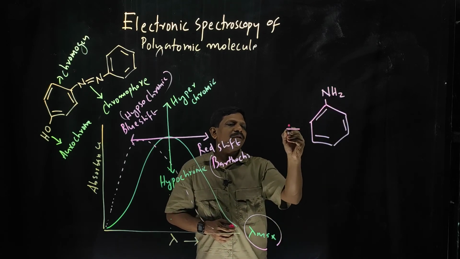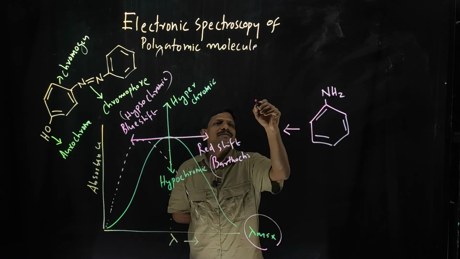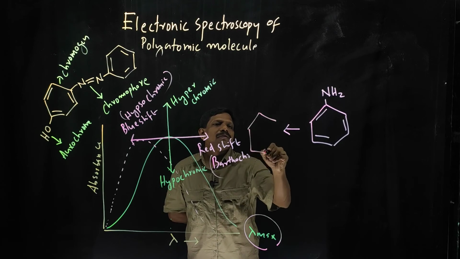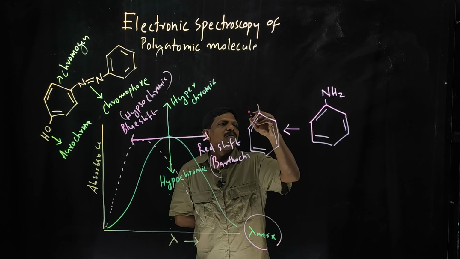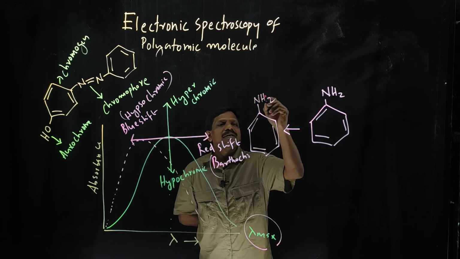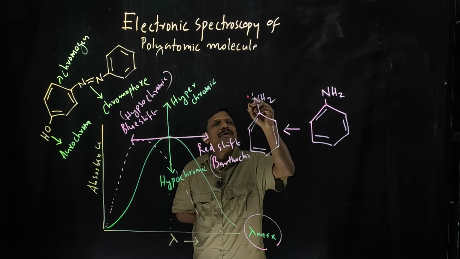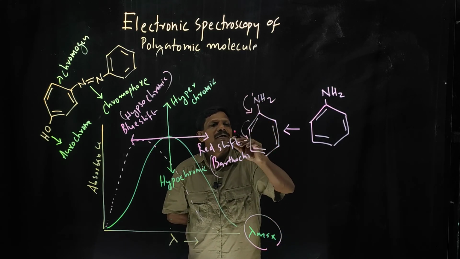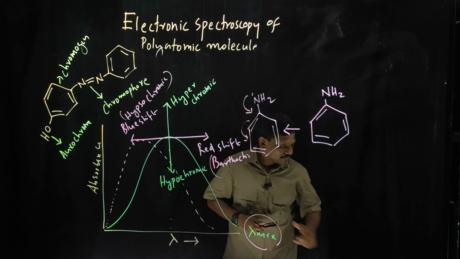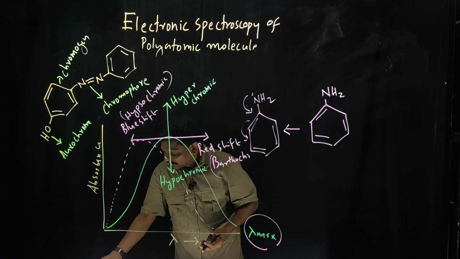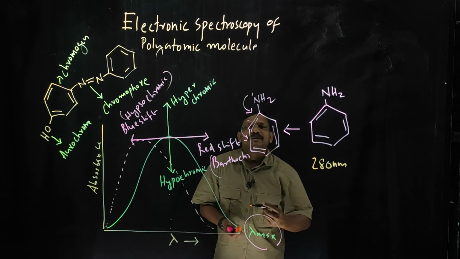What is the peculiarity of aniline? You can see one auxochrome here, NH2, and a lone pair of electrons is available that will be contributed to the delocalization. That is why it is absorbing around 280 nanometer.